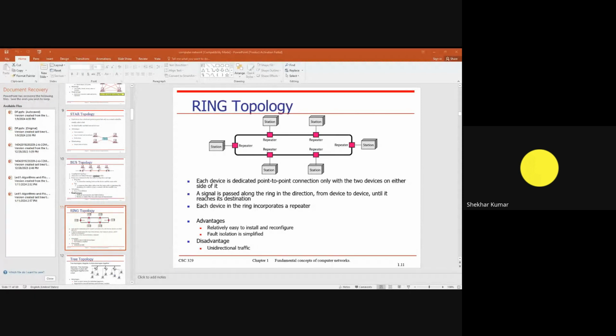So in dual ring topology, two rings are formed. There are two network rings in the dual ring topology, and the data flows in opposite directions in them. But if one ring fails in the dual ring topology, the second ring will act as a backup and keep up the network.